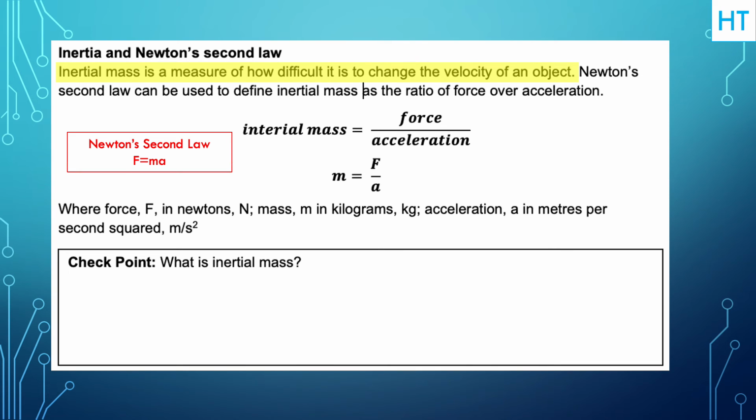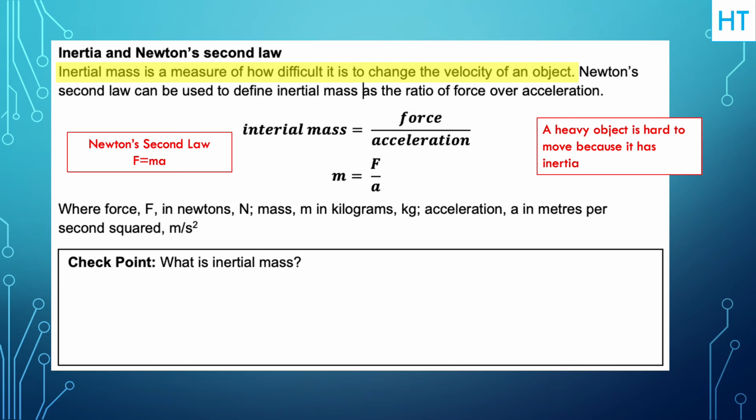So this should hopefully explain that the heavier an object is, the harder it is to accelerate. A heavy object is hard to move because it has inertia. Yes, most of you will say a heavy object is hard to move because it's heavy, but that's really a simple way of saying that this object has a lot of inertia.